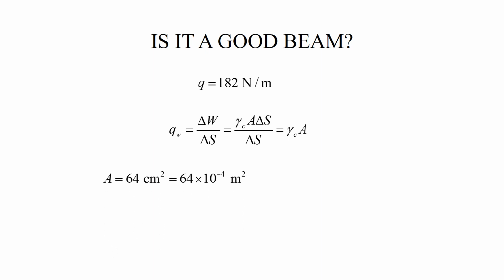A has been already calculated, and gamma concrete we can get from a handbook, and a good value is 23 kilonewtons per meter cubed. If I take these two numbers and multiply them, I'll obtain that Q_W is 147 newtons per meter.